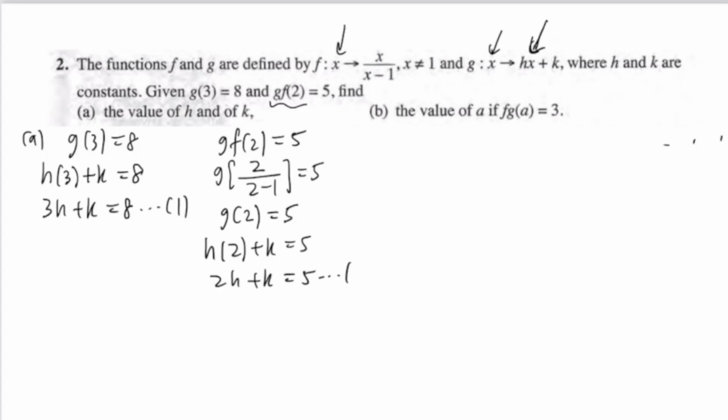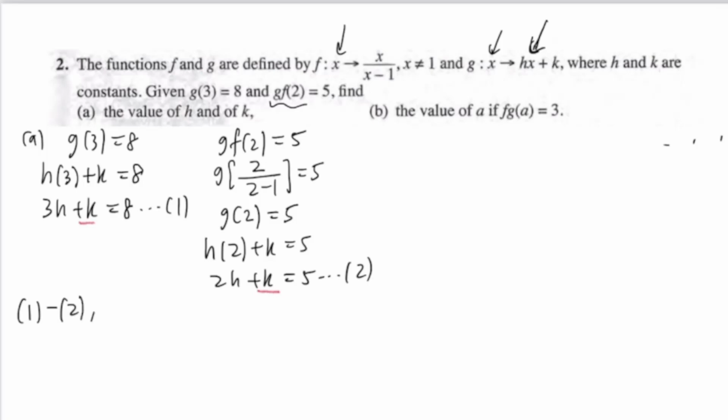So what we have here is a pair of simultaneous linear equations with unknown h and k. As you have learned in Form 1, to solve this we can use either elimination or substitution. For me, when it's arranged in this form, it's actually easier to use elimination. After all, they have the same coefficient of k. Can you see? 1k, 1k. So I'm just going to take equation 1 minus equation 2.